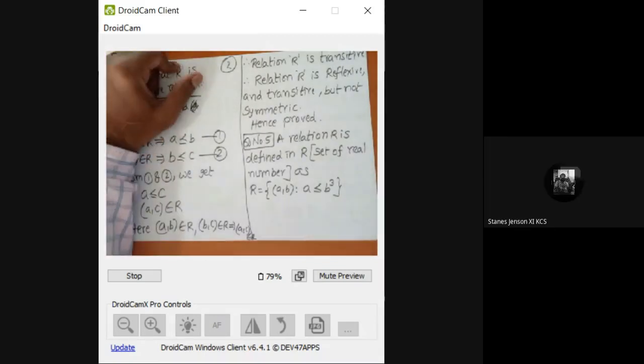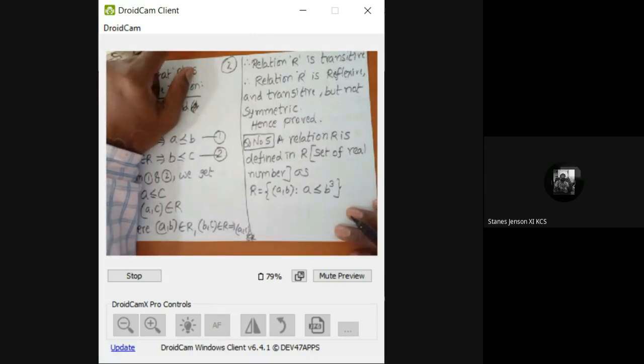Check whether the relation R defined by R equals the set of ordered pairs A comma B such that A is less than or equal to B cube is reflexive, symmetric, or transitive.